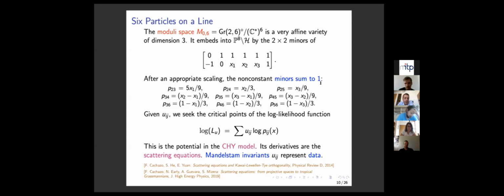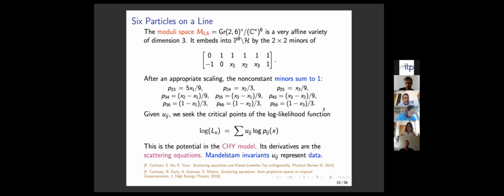So now the log likelihood function is the scattering potential. Given data u_ij, so given measurements for those 9 states, we seek the critical points of the log likelihood function. So this is the potential in the CHY models.